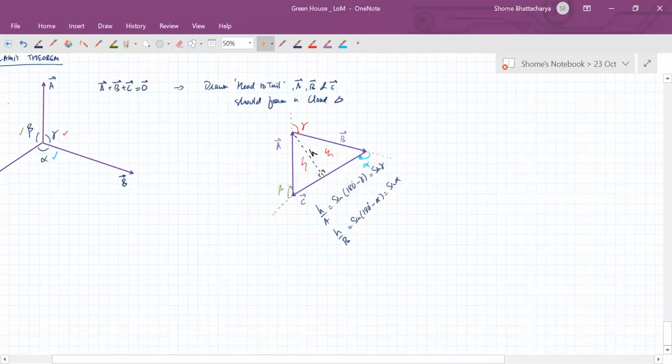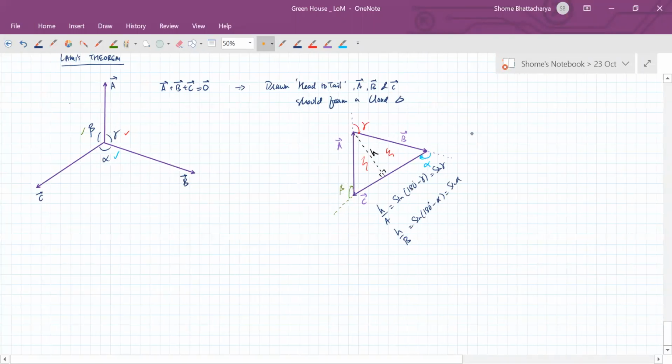Now like that, drop another perpendicular and relate any two other sides. From this you are getting that h is equal to a sine gamma, and from this you are getting h is also equal to... beta. My mistake. This angle is beta, na?